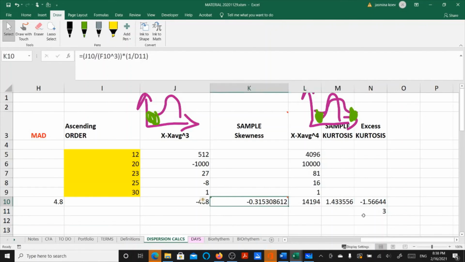If you have a left fat tail, you will get a negative on the skewness test.